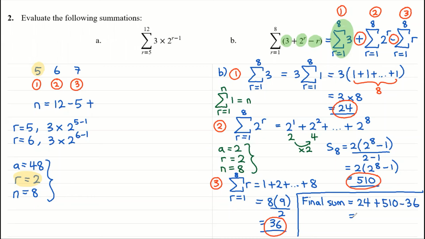So in other words, that's just check that. Sorry, that's 510, isn't it? Beg your pardon, 498. Okay, just want to double check that. So yeah, 24 subtract 36. Does that seem reasonable? Yes, I think it does. So there's our final answer.